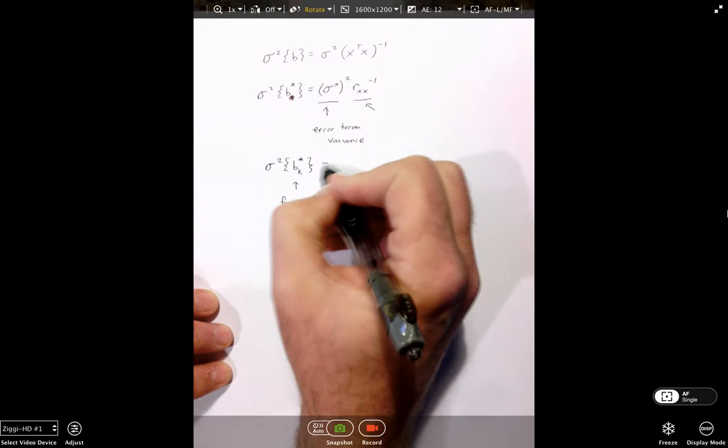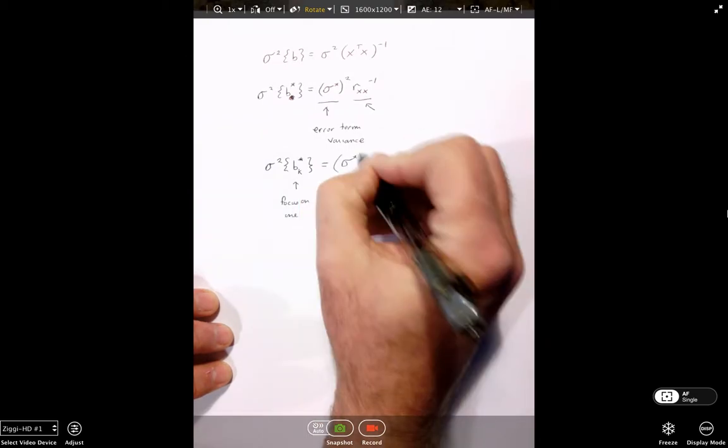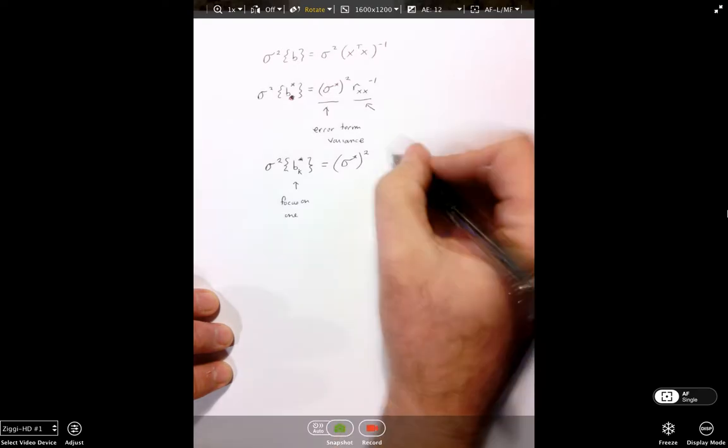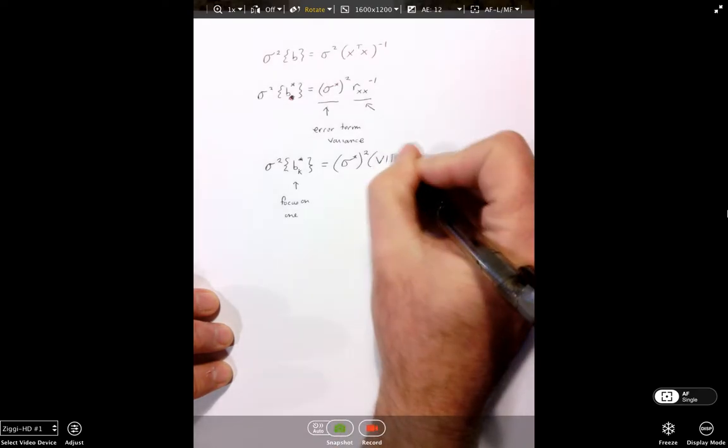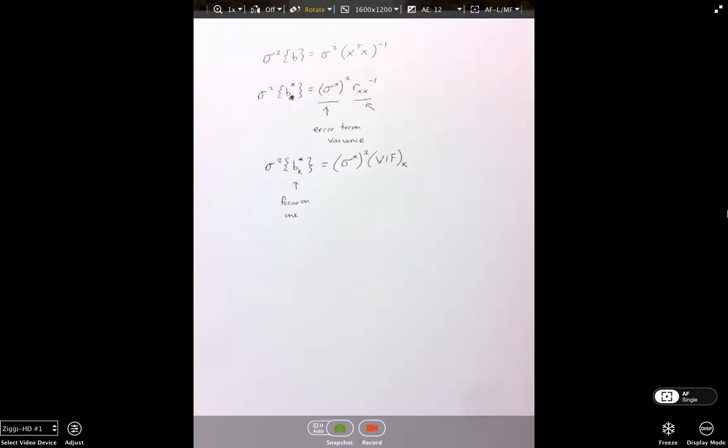And it turns out this is equal to the error term variance times the variance inflation factor of the kth predictor.